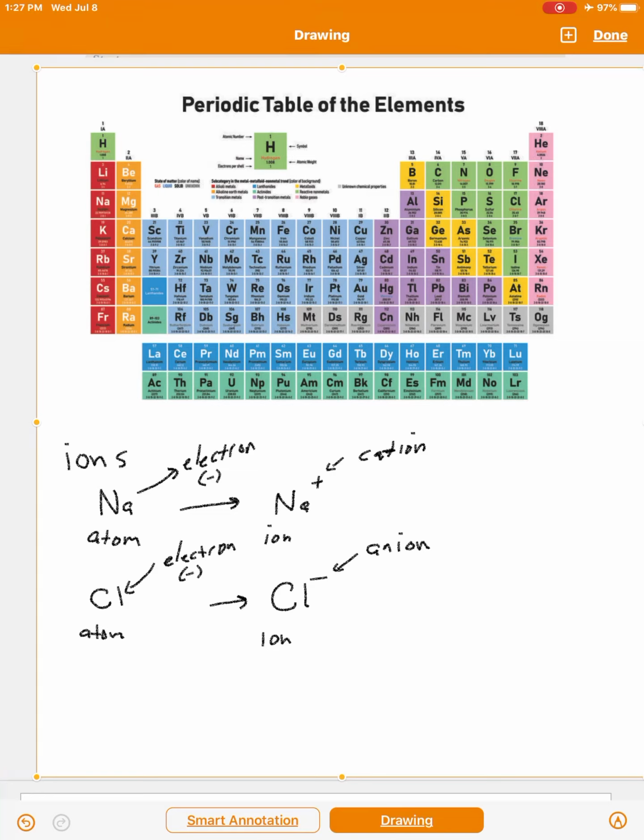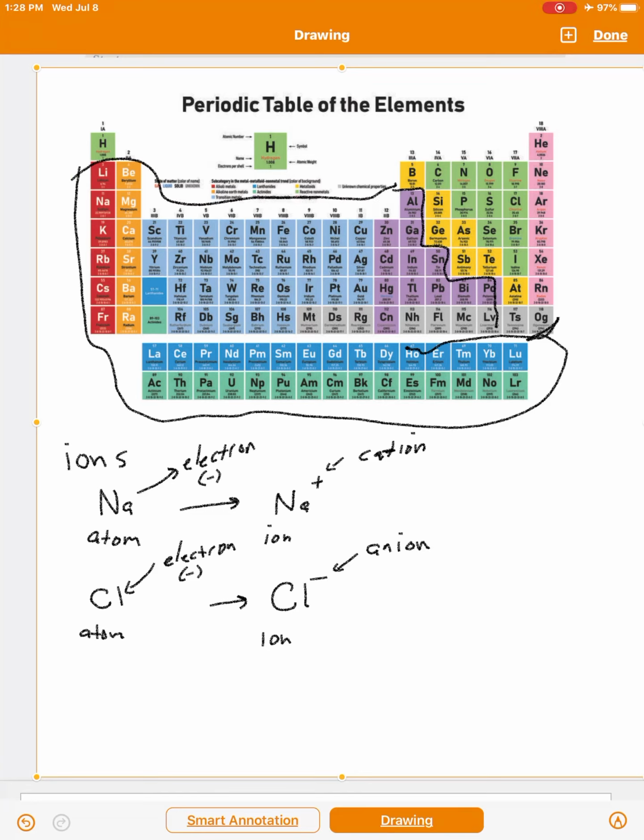The metals are these elements all the way from here all the way to, I gotta make sure I get all of these here. These are all metals here. It's a lot of metals, right?